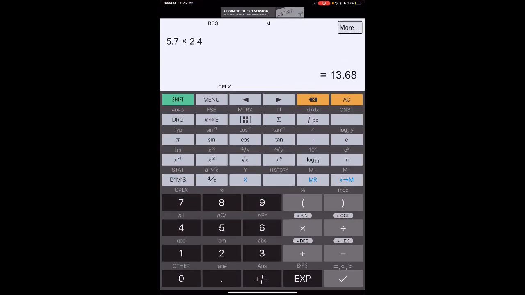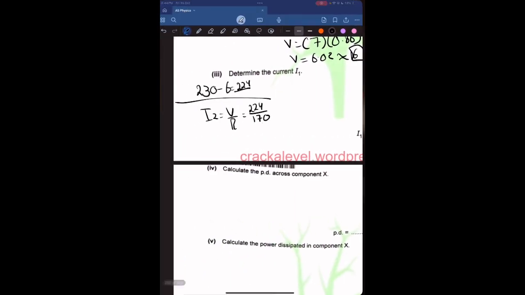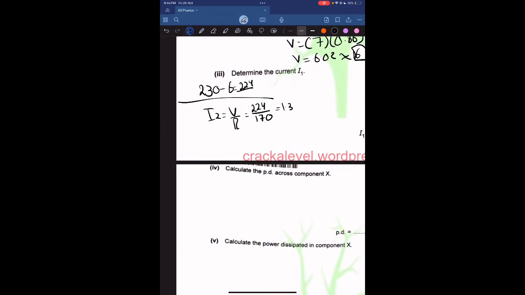Let's see what you're getting. I'm getting 1.317. I'll round it off to two significant figures, so I'm getting 1.3.